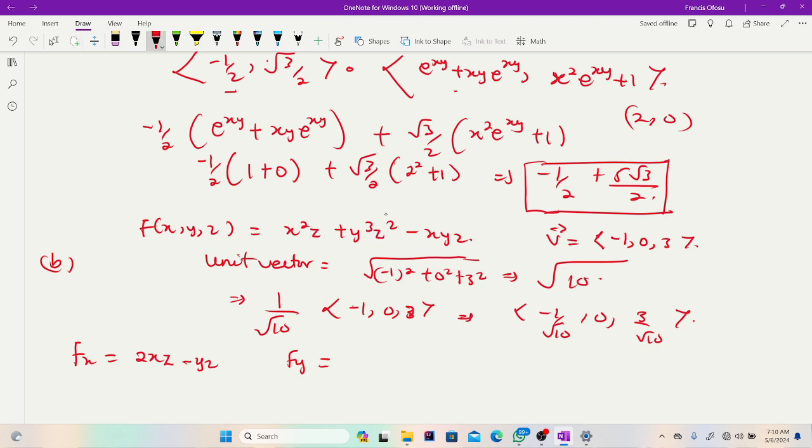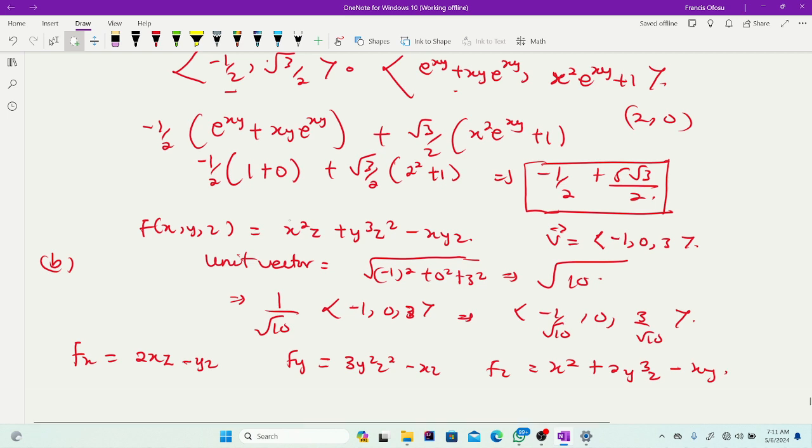Then here I'll get 3y² z², then minus xz. Finally fz: I'll have x², then 2y³ z, then minus xy. So I now have all my three partial derivatives.